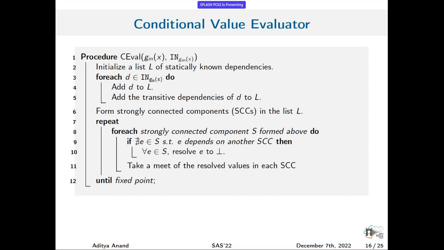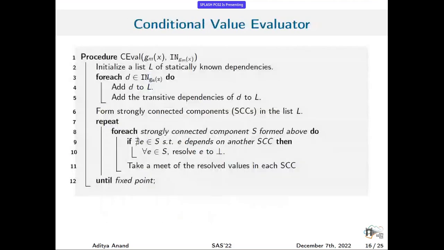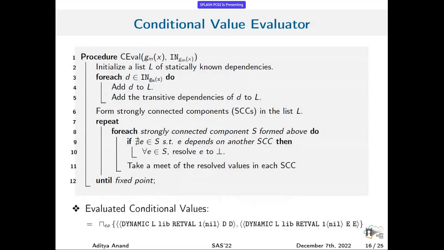As we now have tagged conditional values and a conditional value evaluator, when we supply the tagged conditional values to the evaluator, we get a final partial result, which is the evaluated conditional values.